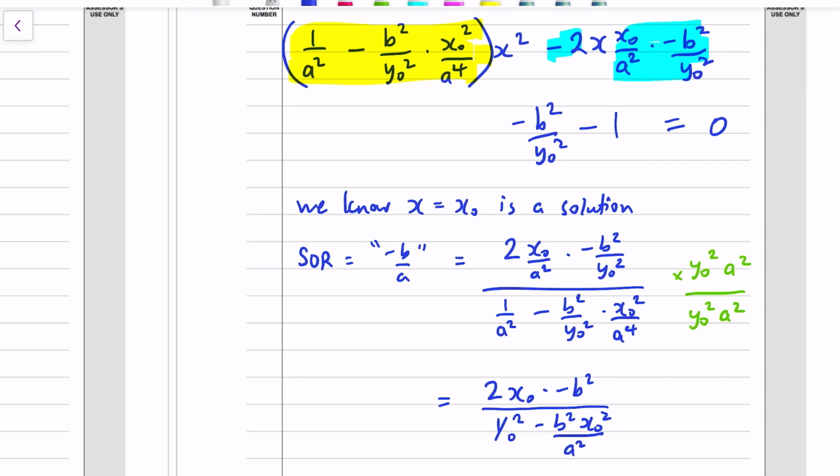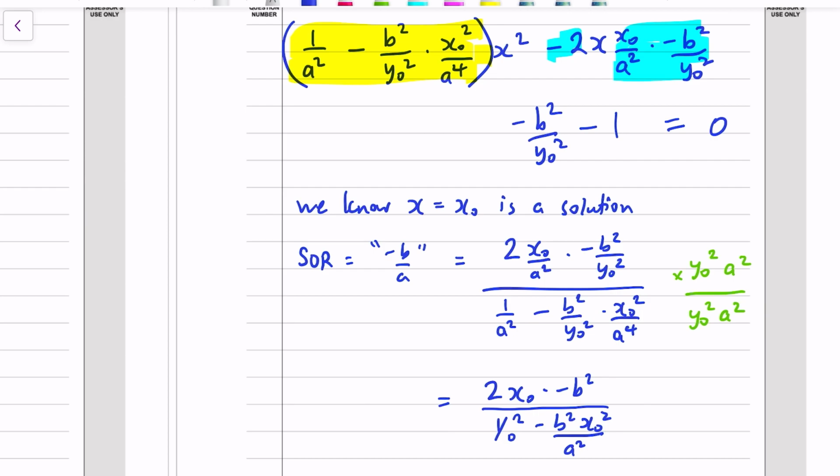Got some stuff here that doesn't look quite right. The fact that I've got a y naught squared but only an x naught on the top, why is that? One of the solutions is x naught here, and this is the sum of the roots. Okay, that might make sense as to why we've got that. So I've got to prove that x naught plus the other root, whatever it might be, it turns out it's going to be x naught as well.